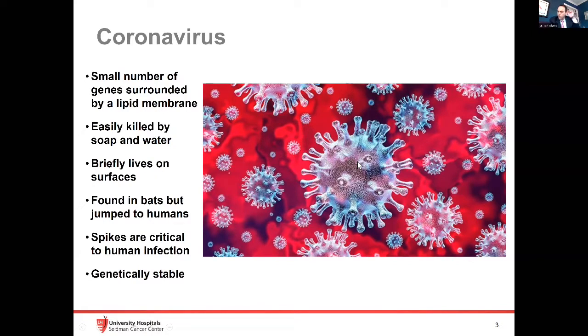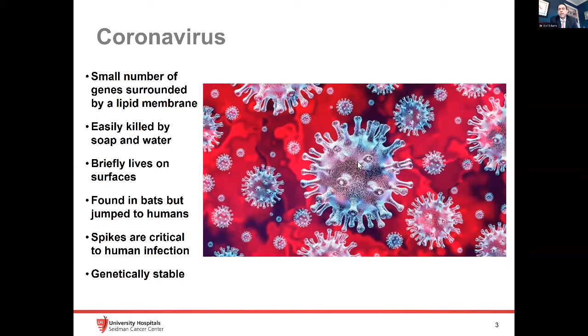Other compounds are also effective that many of you have heard about, bleach and others, and hand sanitizer, but if you don't have those things, soap and water is very effective because it's surrounded by this lipid layer. The other thing that's important to realize is that this virus needs a host to survive.